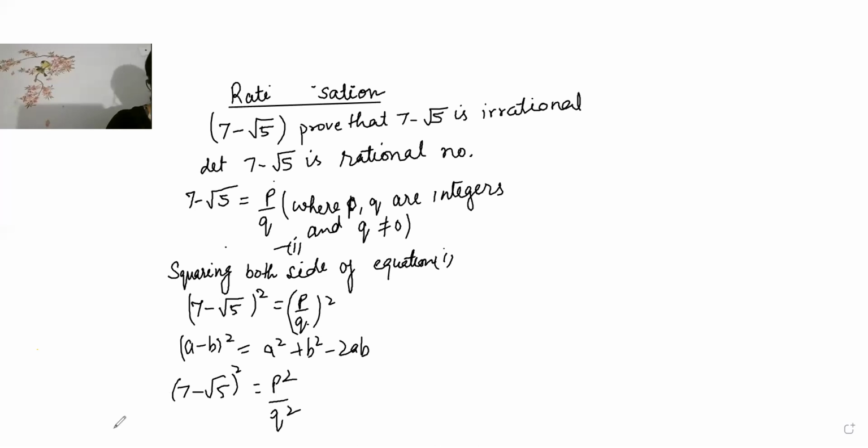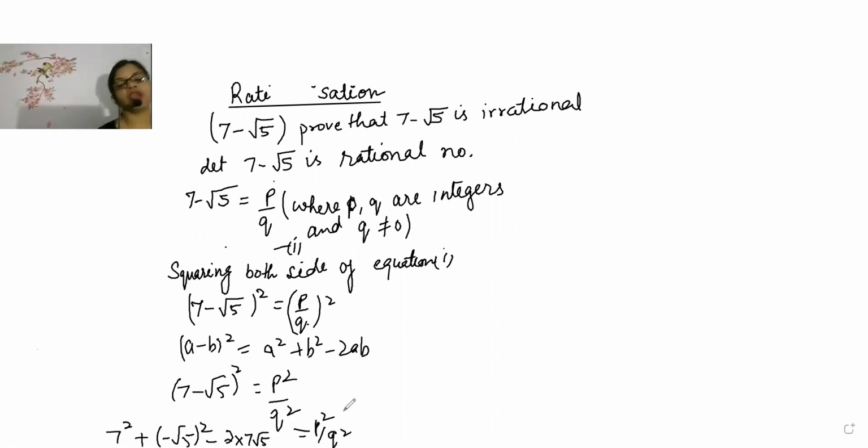So now this will come A square plus B square minus 2AB. Okay, so 7 square, A square plus B square minus 2AB. So beta minus root 5 whole square will become plus only.